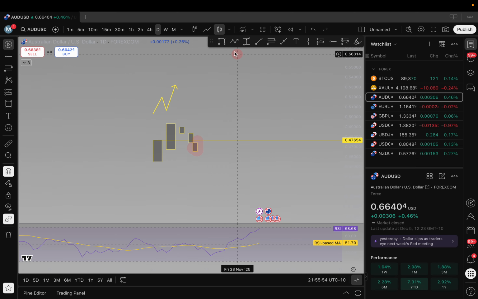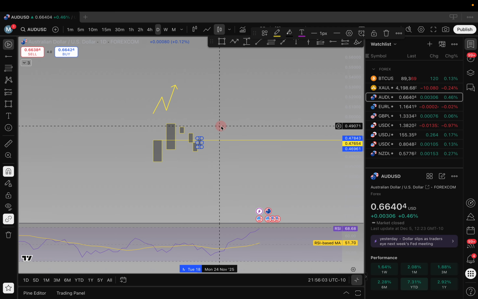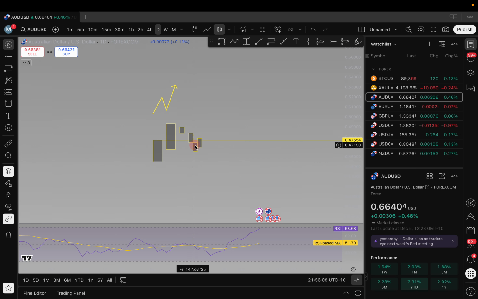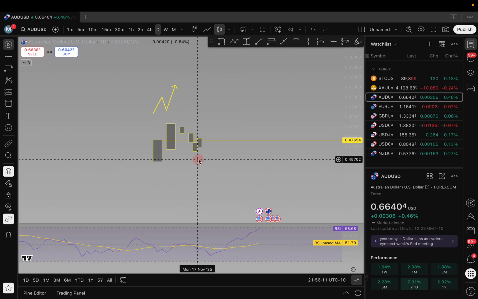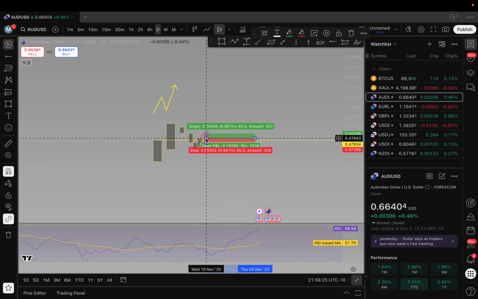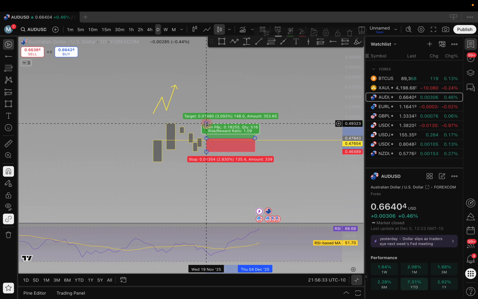And then once it goes up, the next candle breaks the POI, body closes above the POI, and body closes above the previous theory candle, which is this. Then that's when you take the trade, and it'll look something like this: under the previous low and above the previous high.